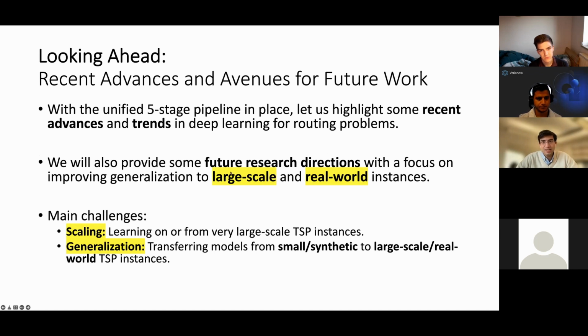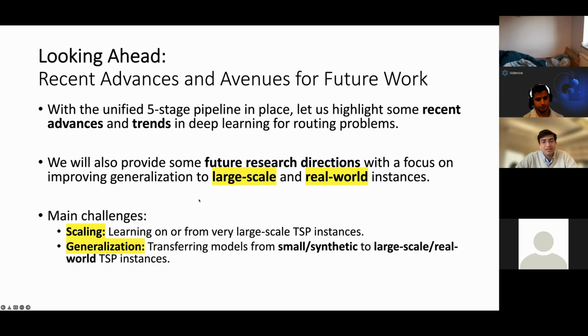But as the bridge to the case studies and recent advances, the big challenge is, how do we scale to large TSPs, and how do we scale to real world routing problems? As I said, learning from very large graphs is a challenge for RL because of sparse reward, and for supervised learning because you just can't generate data.